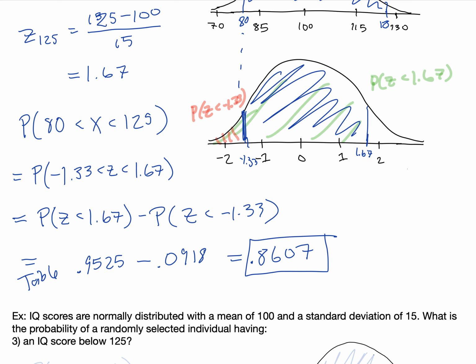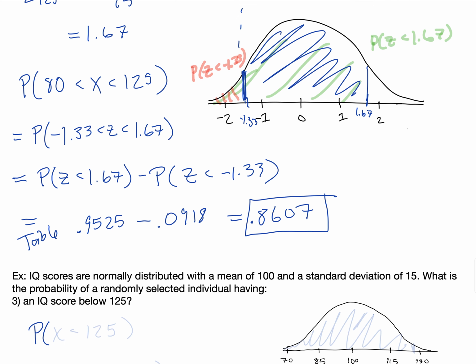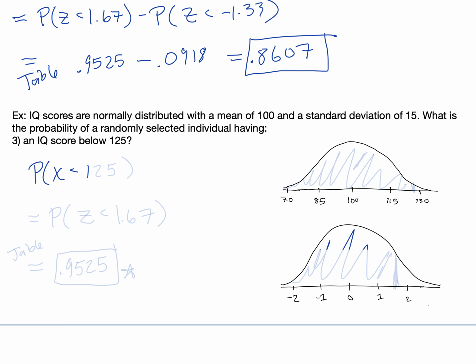For the probability that we have an IQ score below 125, the probability that X is less than 125, we've already calculated that this is equal to the probability that Z is less than 1.67. We already found the Z-score for 125 and found that it was 1.67. And so that corresponds to, 125 is here, less than that value is this shaded region, corresponding to a Z-score of 1.67 around there, and so that corresponds to that shaded region on the standard normal distribution.